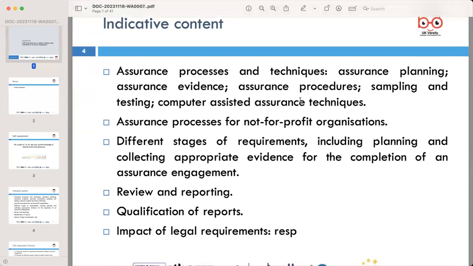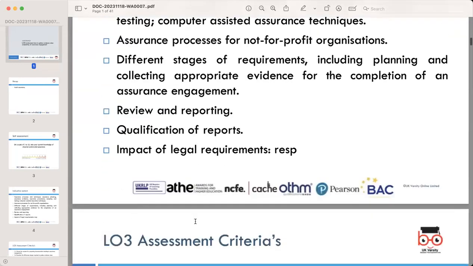The topics are: assurance process and techniques, assurance planning, assurance evidence, assurance procedures, sampling and testing, computer assisted assurance techniques, assurance process for non-profit organizations, different stages of requirement including planning, collecting appropriate evidence for the completion of an assurance engagement, then review and reporting, qualification of reports, and impact of legal requirements.